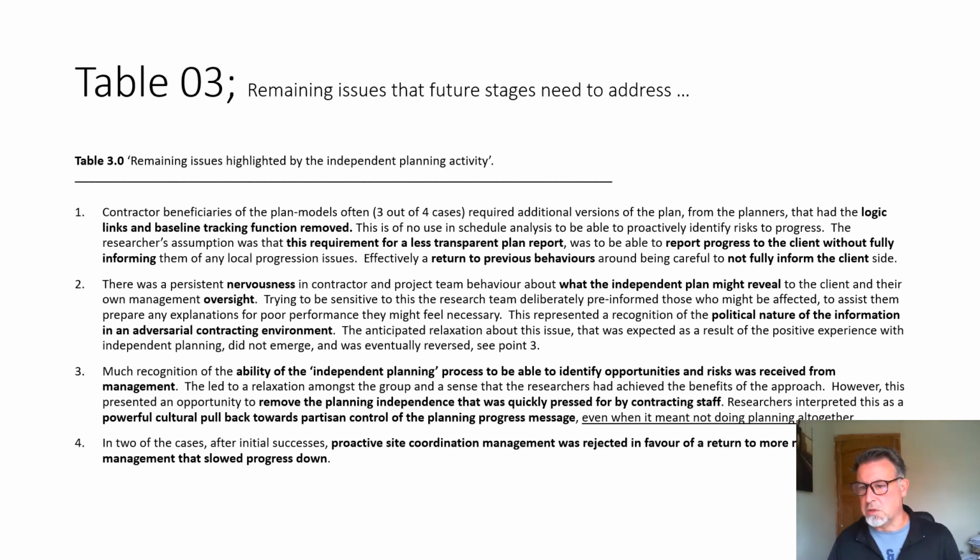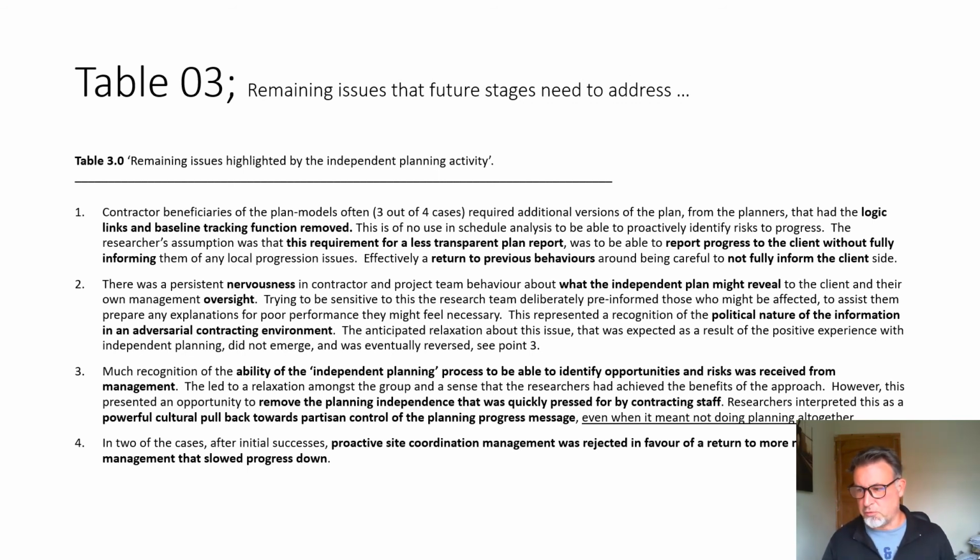And it was partly successful in that it was very successful. Look at point 3, which was the work that the postgrads did was really highly valued. But if we go back to point 1, the contractors often asked for a second plan to be made, which didn't include all the details.